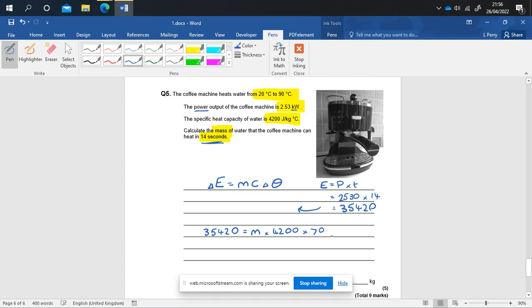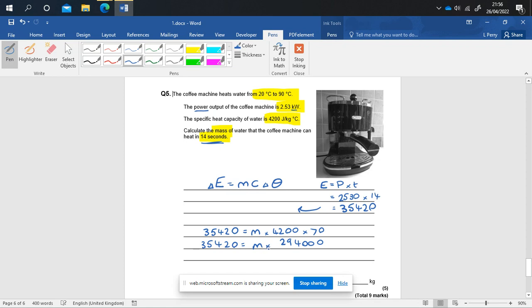Now, to make it a little bit easier for myself to rearrange, I'm going to do 4,200 times by 70 first. So it becomes M times 294,000. And I've not touched that number yet, so I'll put that back in. But by doing that little bit first, I've turned what was 3 numbers and a letter into 2 numbers and a letter, which is easier to change the subject.